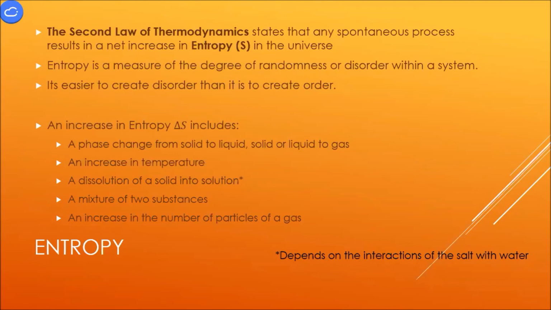If I mix two substances together, like I stir together red and green Play-Doh, we're not getting that Play-Doh back out. Maybe we're going to make a nice new color. Maybe we'll just make brown Play-Doh. But you mix that together, that's going to be mixed together. That makes more randomness. If I increase the number of particles of gas, all these things will be an increase in entropy.